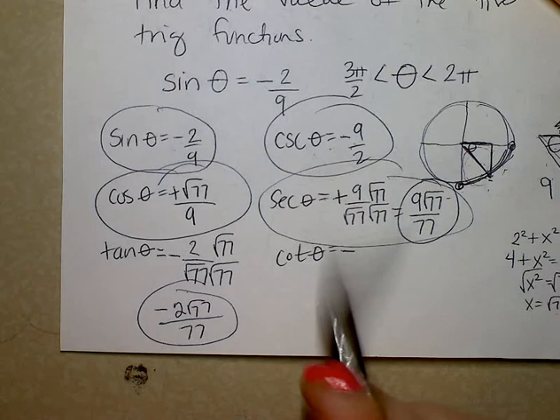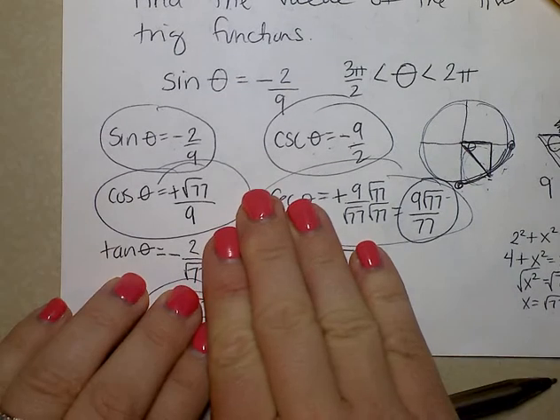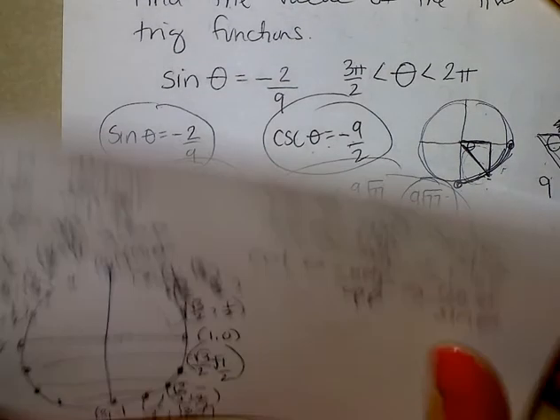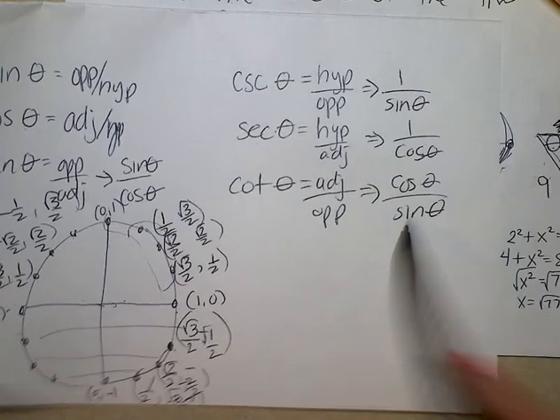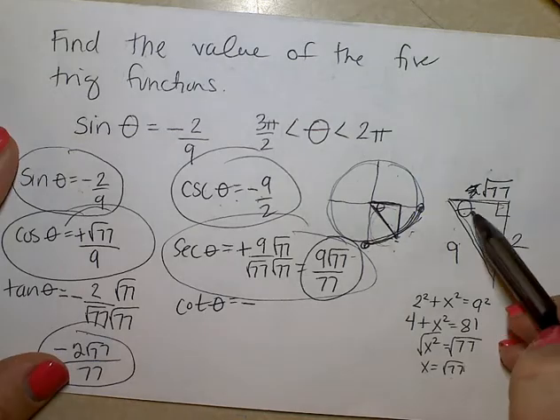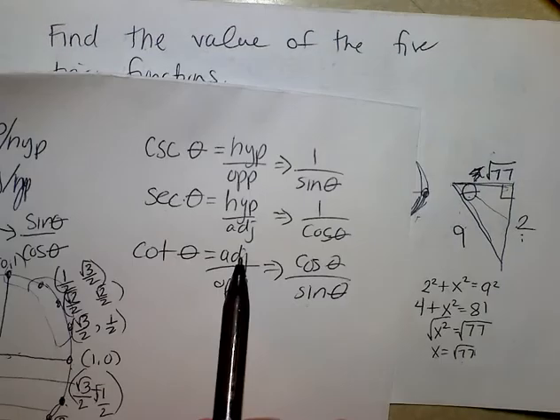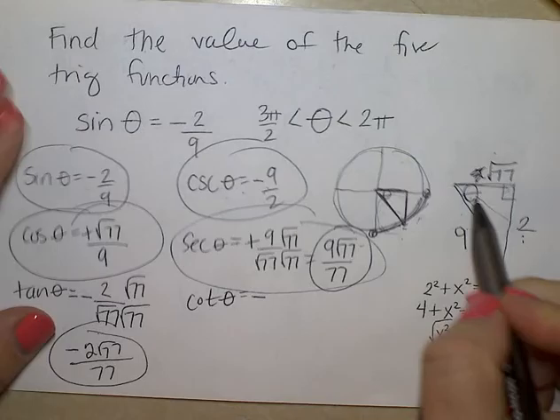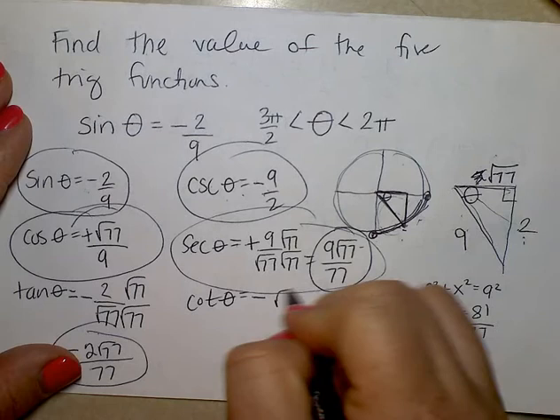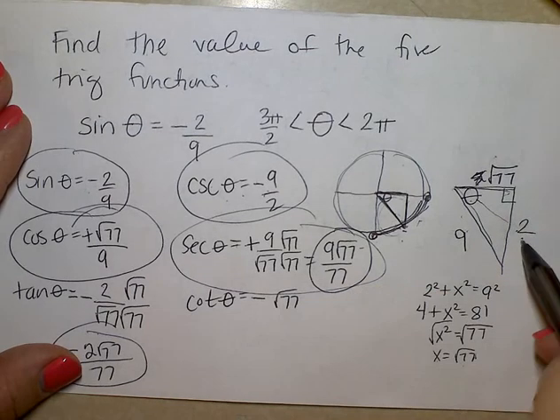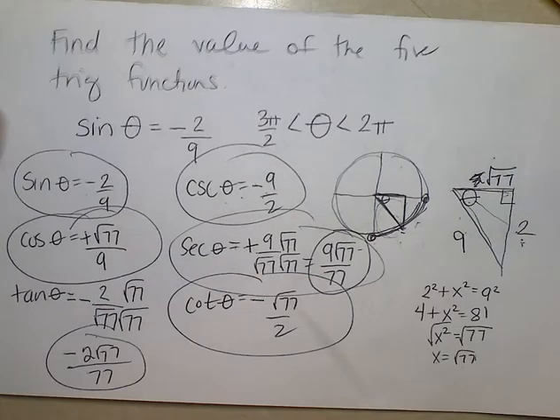For cotangent, let's look at the original. Cotangent says cosine over sine, or adjacent over opposite. Your adjacent is radical 77, and your opposite is 2. Problem done.